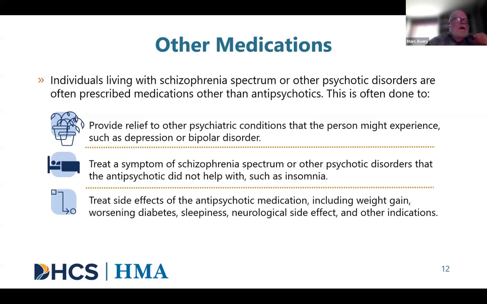But an individual living with schizophrenia is also sometimes prescribed other psychiatric medications, often to provide relief for other psychiatric conditions the person might experience, including depression, bipolar disorder, or other conditions that may be separate, though usually related to the schizophrenia itself.